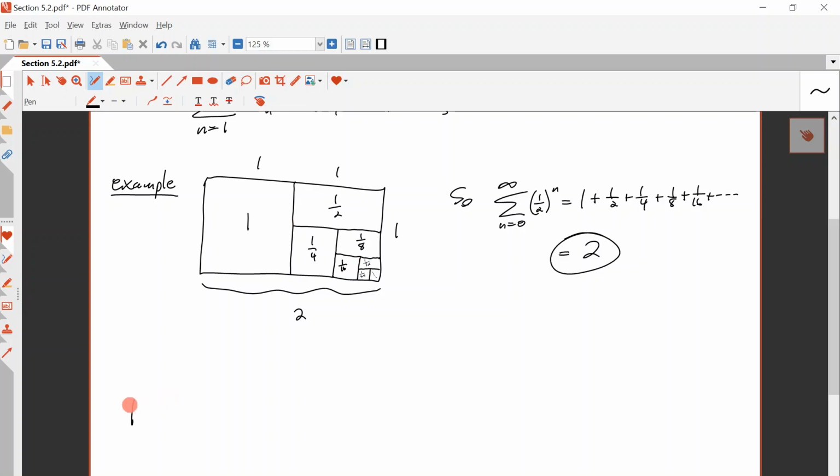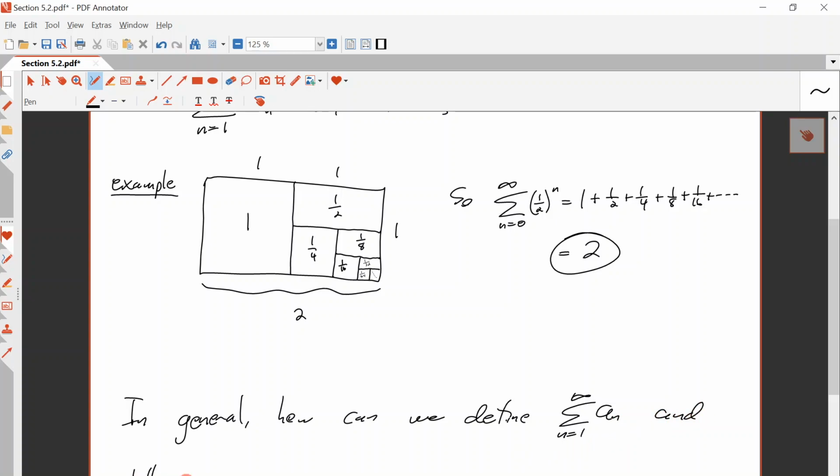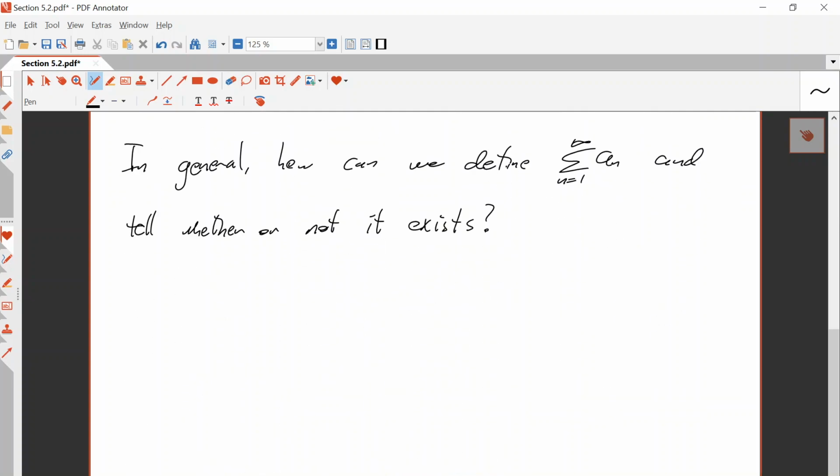Okay, so in general, how can we define the sum n equals 1 to infinity of a_n and tell whether or not it exists? The way to do that is through partial sums.